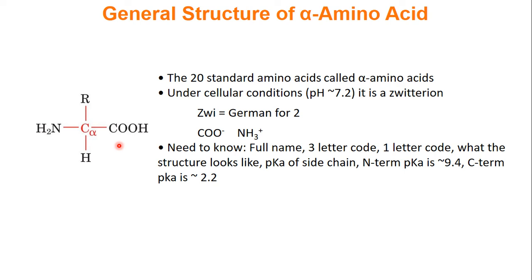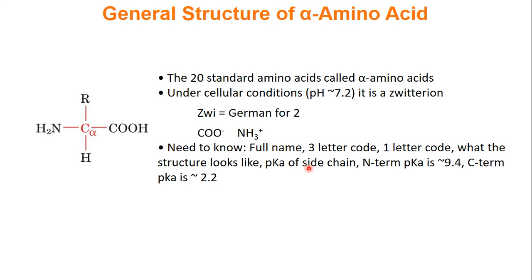So what you need to know when it comes to the 20 amino acids: you need to know the full name of all the amino acids. You need to know the 3-letter code of the amino acids. You need to know the 1-letter code of the amino acids. You need to be able to draw the structure of the 20 amino acids.